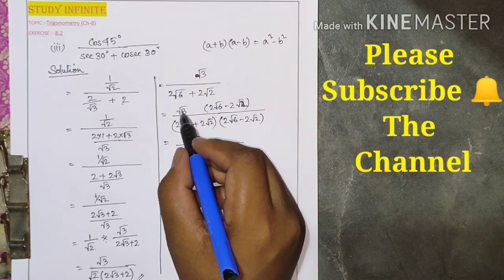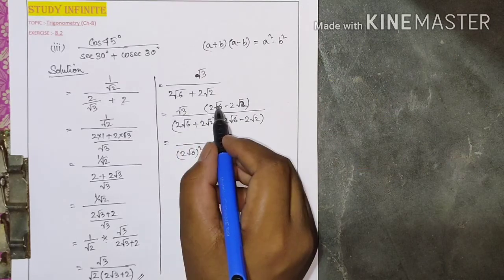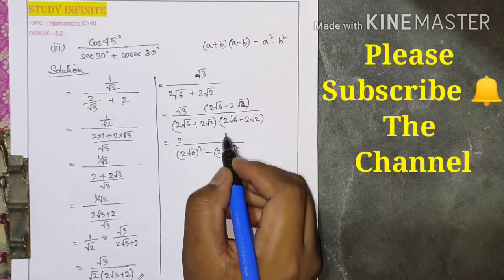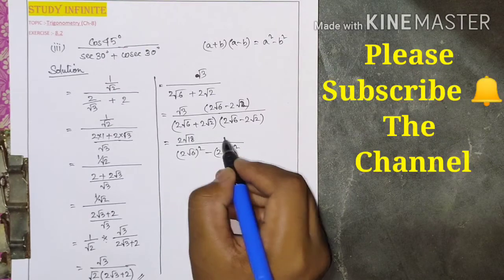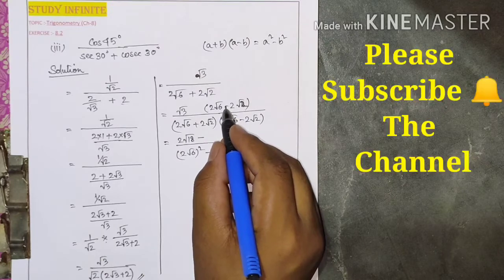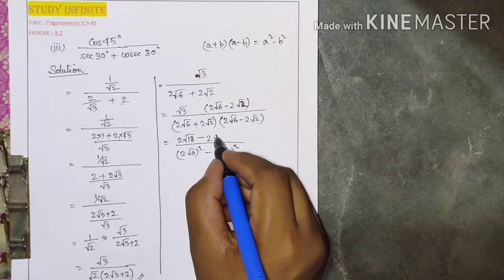And let us multiply root 3 in this bracket. So we will multiply root to root, that is root 3 into root 6. 2 remains. Root 3 into root 6 is root 18. Again minus 2 remains as it is. Root 3 into root 2 is root 6.